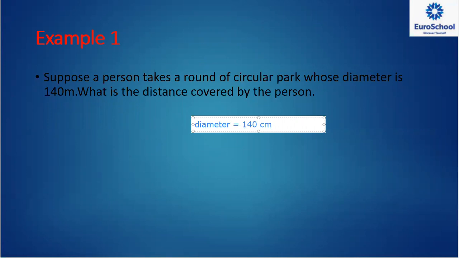If the diameter is 140 centimeters, then the radius is always half of the diameter, so it is 140 divided by 2. What is 140 divided by 2? That is equal to 70 centimeters. So now the radius is 70 centimeters.